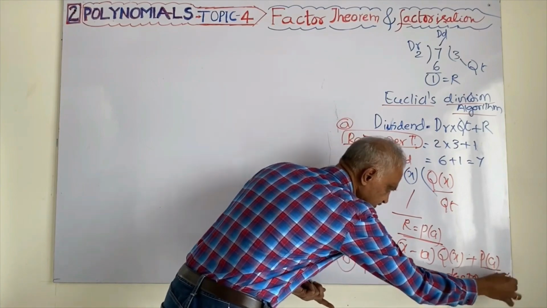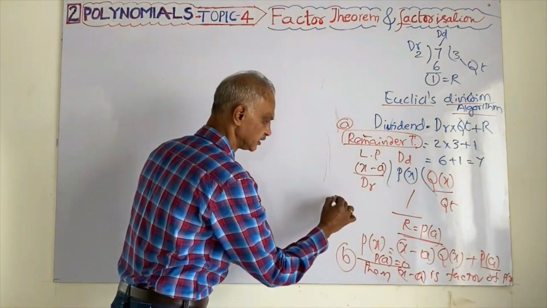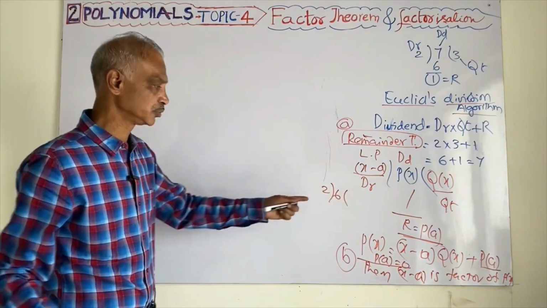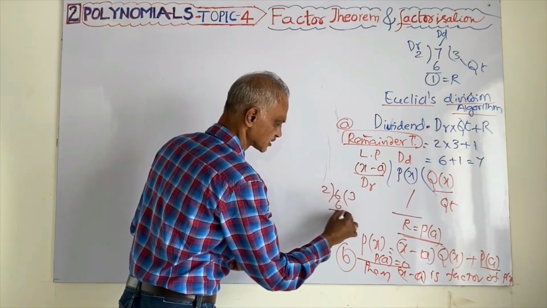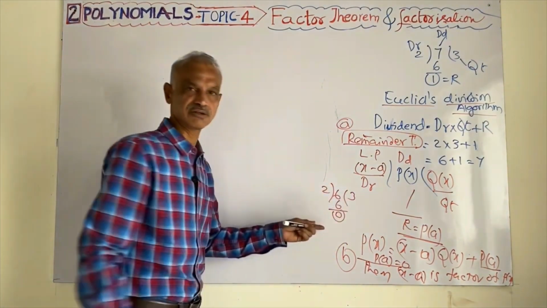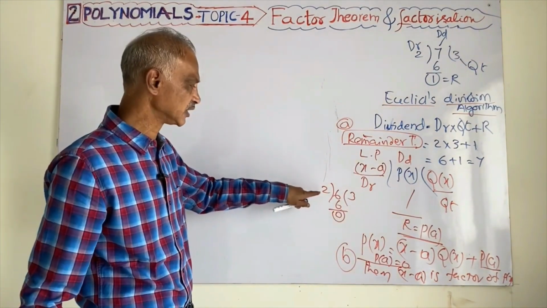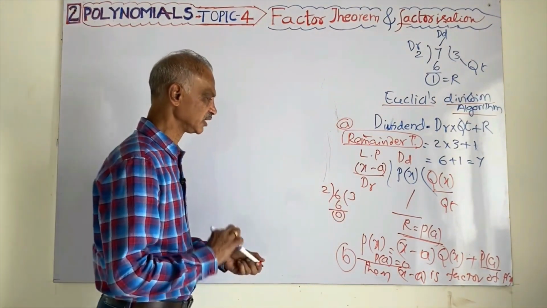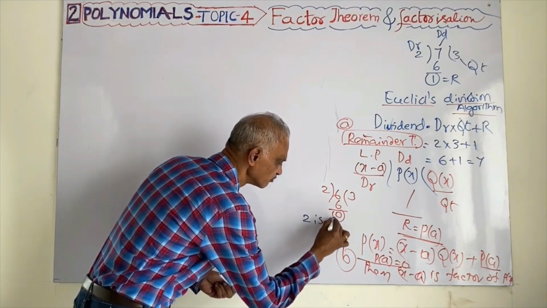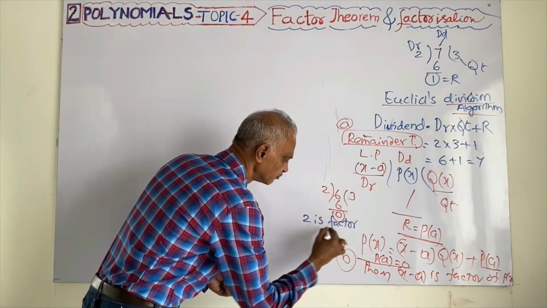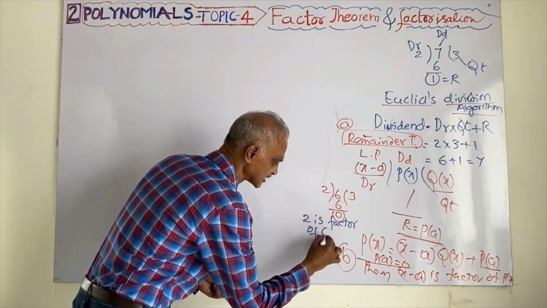If you want to understand, I will give 6. I will take 2 threes are 6. What is the remainder you are getting? 0 remainder. You can say 2 is a factor of 6.